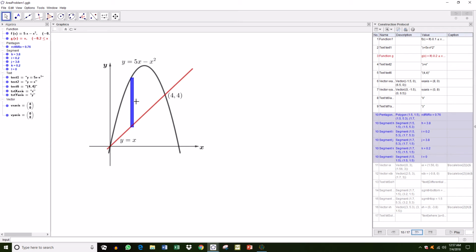In this case, if we orient vertically, then the top of the rectangle will be touching the parabola and the bottom of the rectangle would be touching the straight line all the way from left to right. However, that is not what would happen if this were a horizontal rectangle, because say somewhere over here, the right side would be touching the straight line and the left side would be touching the parabola.